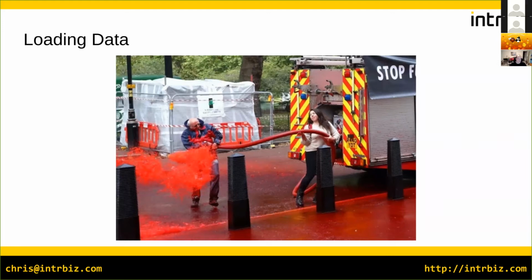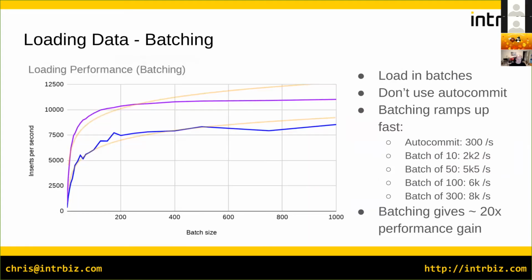So now we've got a basic fundamental understanding of how we can store data. How do we get the data in? Normally you just think, right, I'll just write an insert statement. Now, by default, if you're doing that, that's operating in what's called auto commit mode.